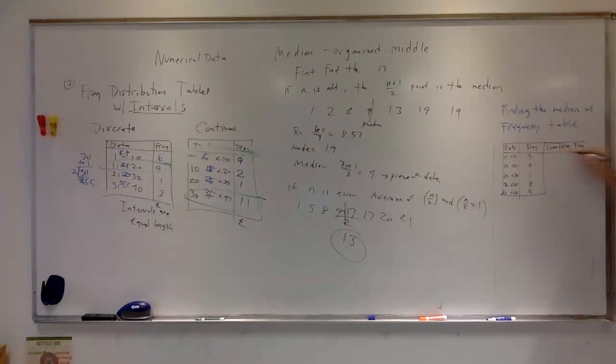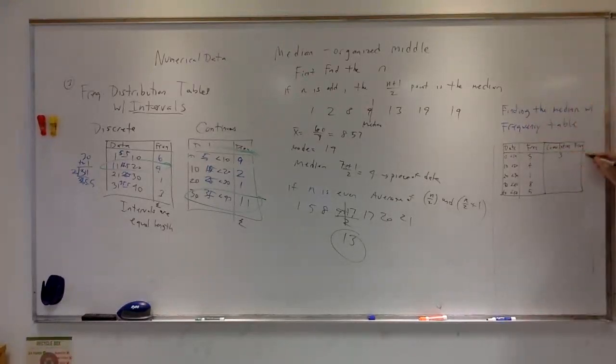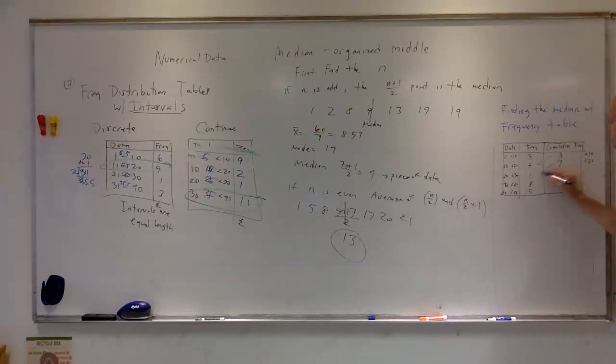What I'm going to do is accumulate the frequency. How many pieces of data were less than 10? 3. Now we add 3 plus 4 to give 7. That means there were 7 pieces of data less than 20.